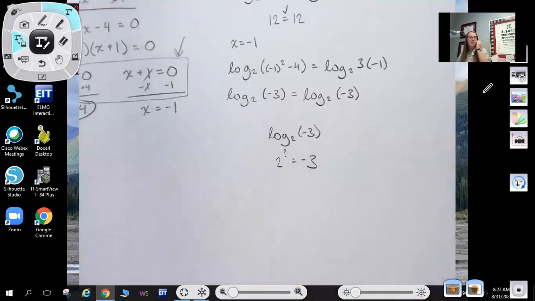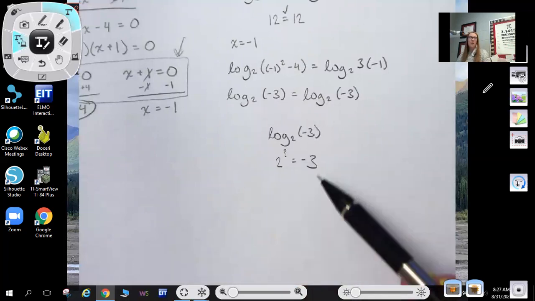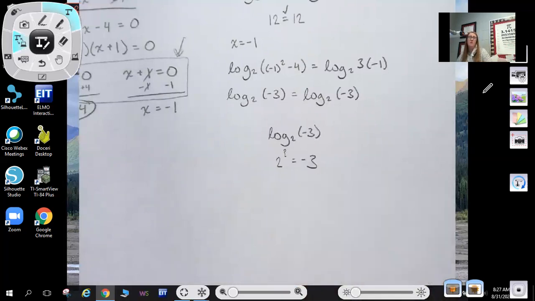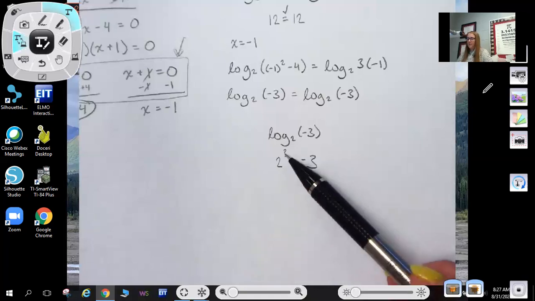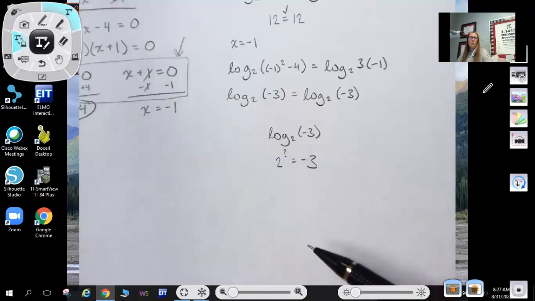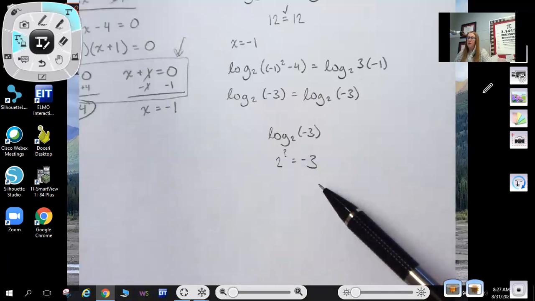Because raising 2 to a power just means you're multiplying 2 by itself over and over. 2 times 2 times 2 times 2 times 2. You keep doing that, you're never going to end up with a negative number. You're just multiplying +2 by itself. Even if we were to use a fraction as an exponent, that would just end up giving us a smaller positive number.